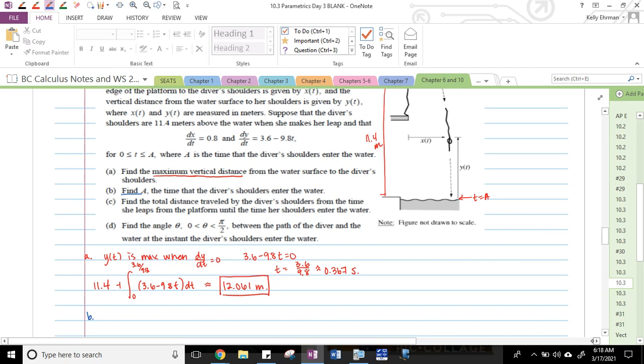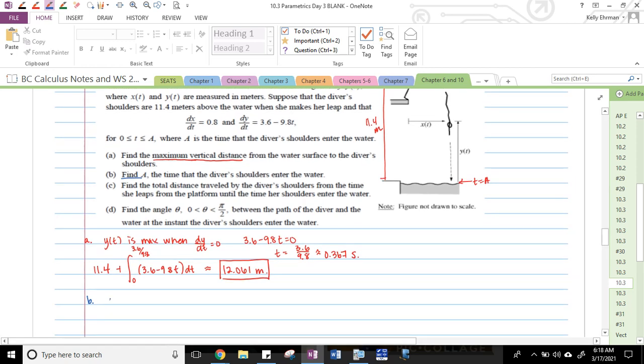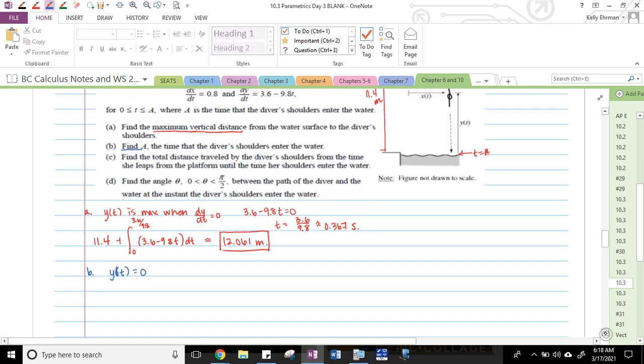So we're trying to figure out when y of t equals 0. Now remember, in part A we figured out when dy/dt equals 0. We can figure this out by coming up with the equation for y of t.